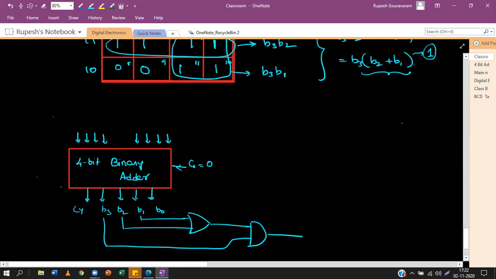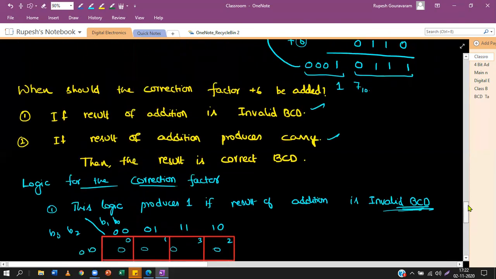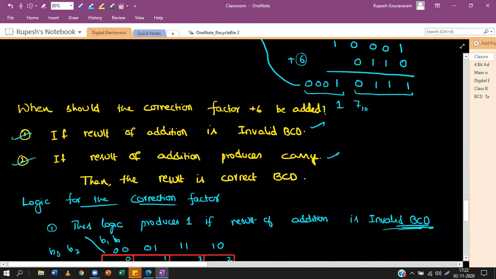Now the second case is when the carry becomes 1. So we need case 1 or case 2. If the result of addition is invalid BCD, or the result of addition produces carry, whenever one of these two cases occurs, that is the OR case, then we have to add the correction factor.